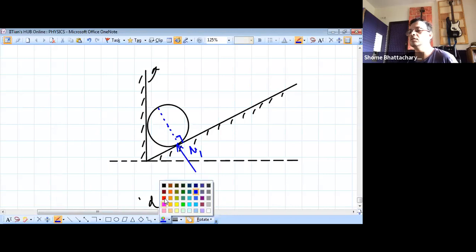Whereas, because this is a vertical surface, this will apply a horizontal normal reaction at the contact point. Let us say this is N2, and this also passes through the center.